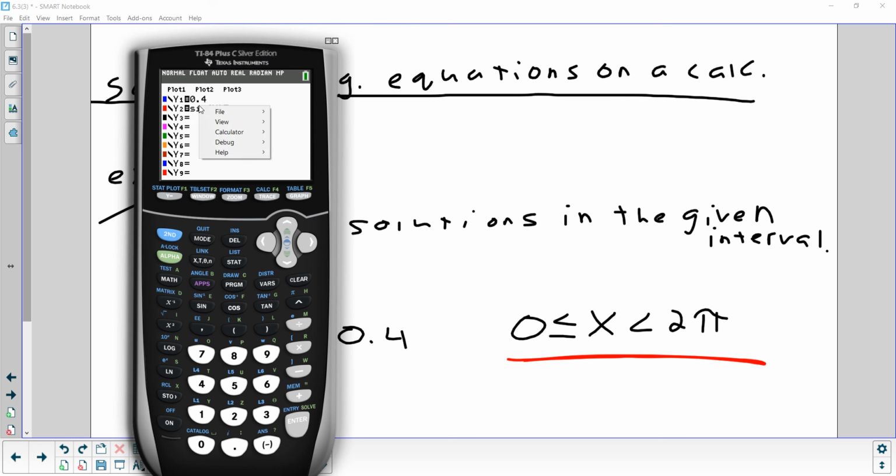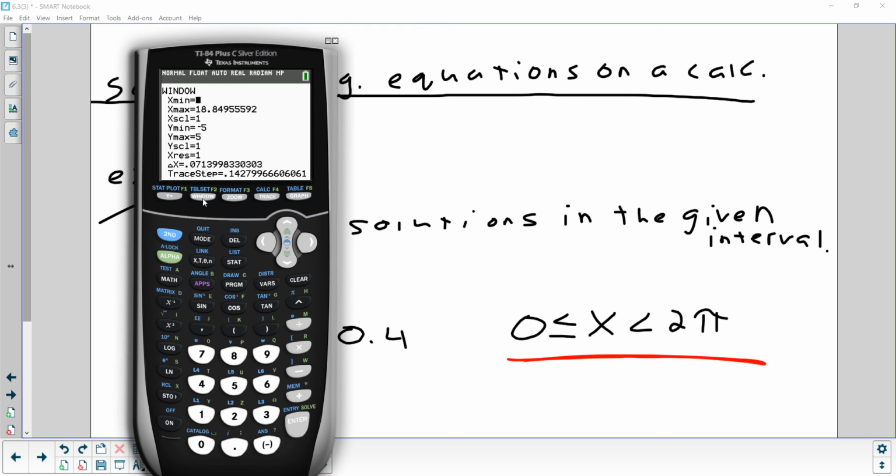If you zoom out forever, how often could a wave and a horizontal line cross? A lot of times. Right? Infinite amount of times. So we have to narrow down, well, where do you want the answers? Do you want them over here? Do you want these ones? Because there's a lot of them. They want between 0 and 2 pi.